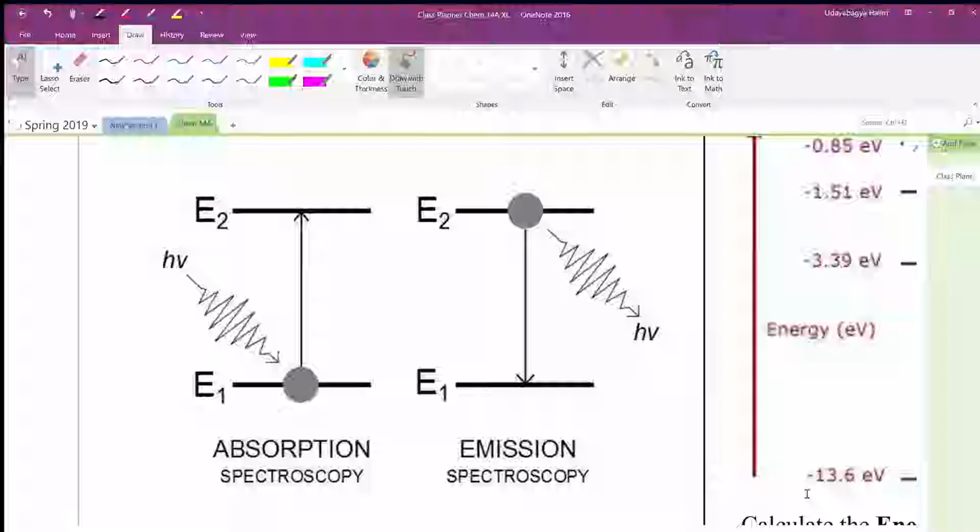The atom is so small, the only thing that's sufficiently small to be able to poke at it is light. Specifically, we're going through a process called absorption or emission spectroscopy. Majority of the time, we're going to be dealing with this one.